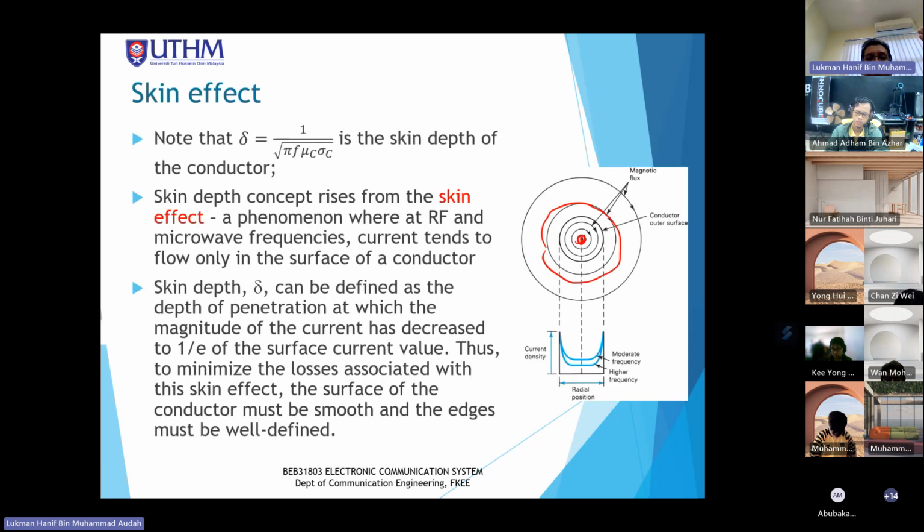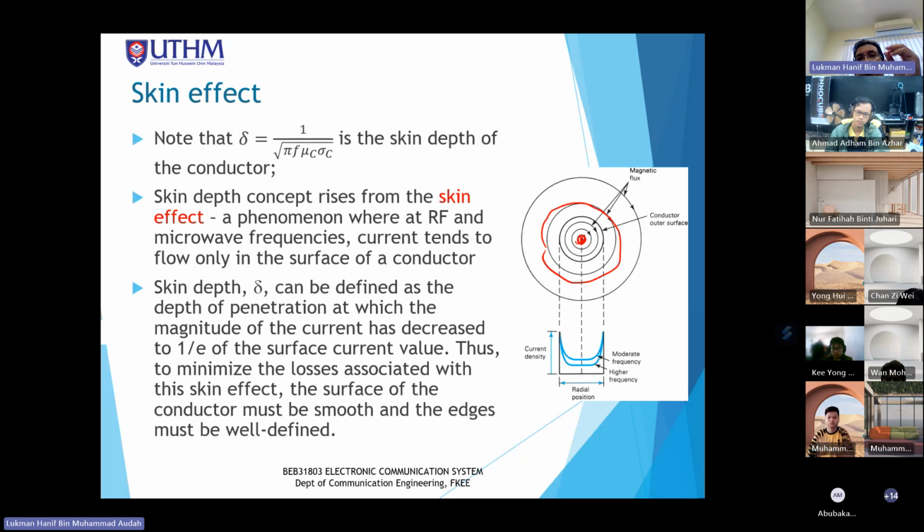And this is the skin effect. Skin effect happens when the radio frequency is very high, in terms of gigahertz, for example. The current tends to flow on the surface of the conductor rather than at the core of the conductor. This is the skin effect, the phenomenon that happens when we use high frequency transmission, and this happens along the transmission line.